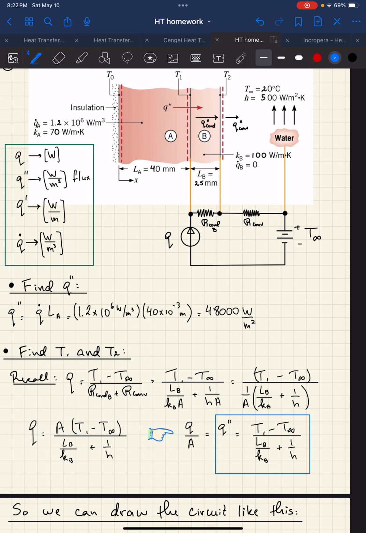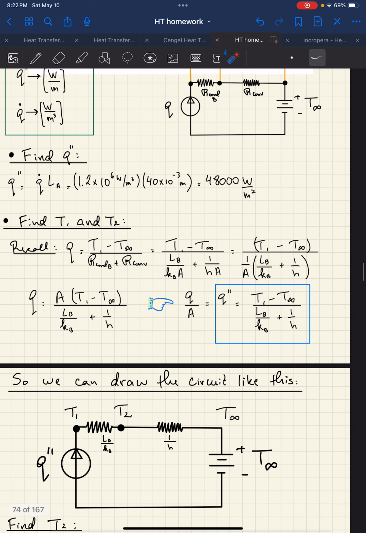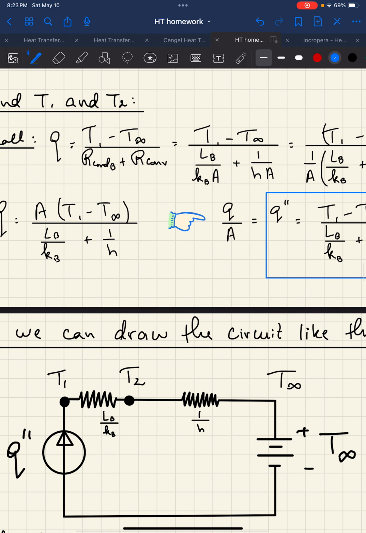Okay. Some people, as I said, will draw this circuit in terms of flux, which is actually what I've done over here. If you draw everything in terms of flux, you do have to modify your thermal resistances to look like this. Basically, your thermal resistances are not going to have the A in the denominator. In some textbooks, some people will call this R conduction B double prime, just to match the notation, so it makes sense.